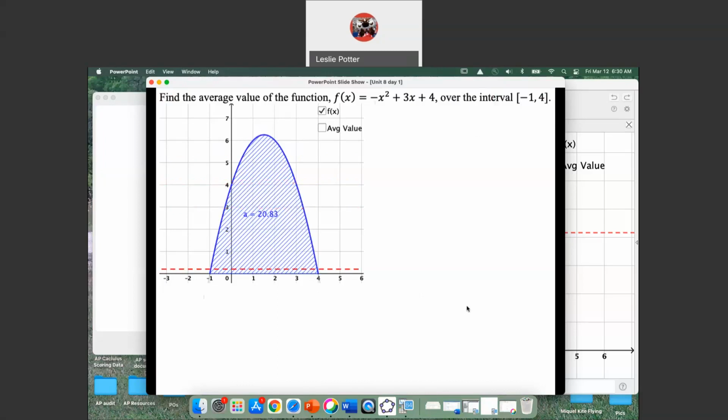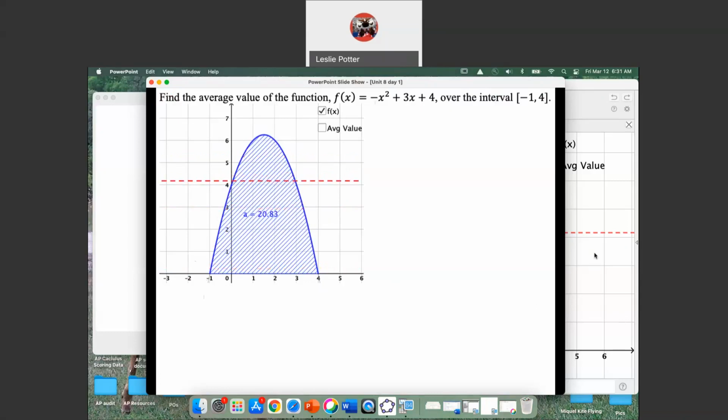The idea of the average value is where does that horizontal line sit, so that when we look at this parabolic function and the area underneath the curve, where do we have to put this horizontal line to achieve a rectangular region across this domain with the same area?